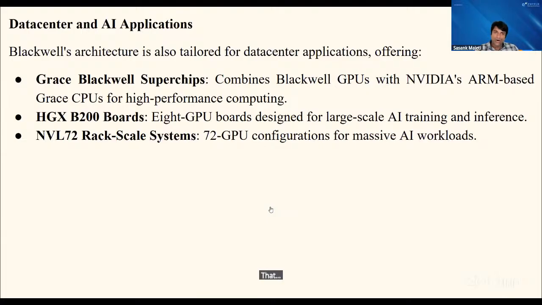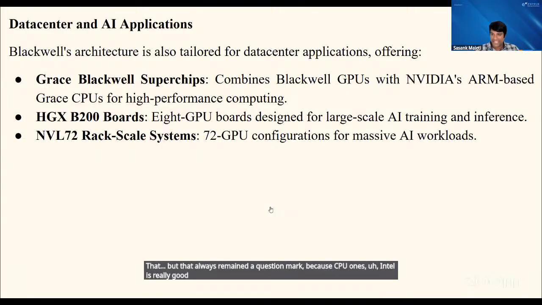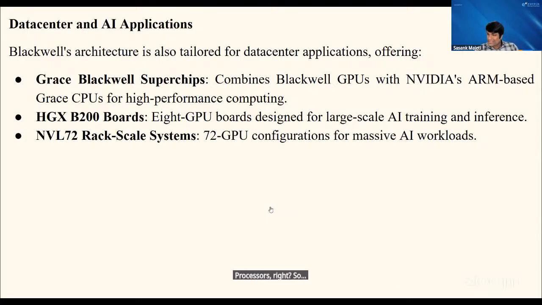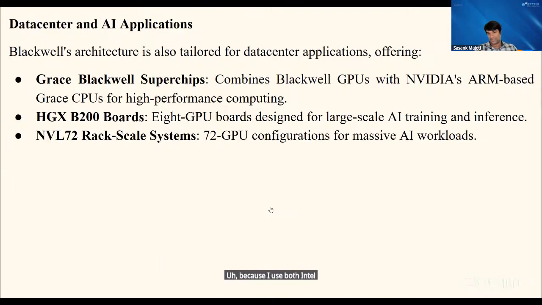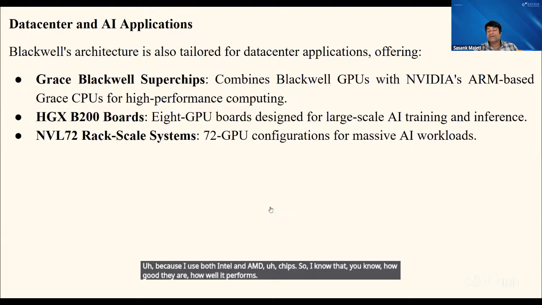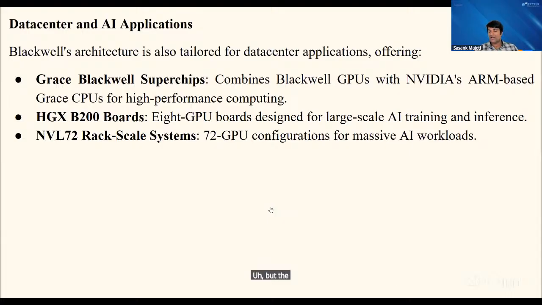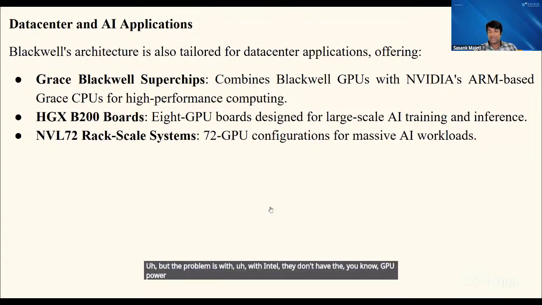But that always remained a question mark, because CPU-wise, Intel is really good. Currently we are in the 14th generation processors, right? Processor-wise, they are good. I will not deny it because I use both Intel and AMD chips. But the problem with Intel is they don't have the GPU power on their own like Nvidia does. So they're trying their best.